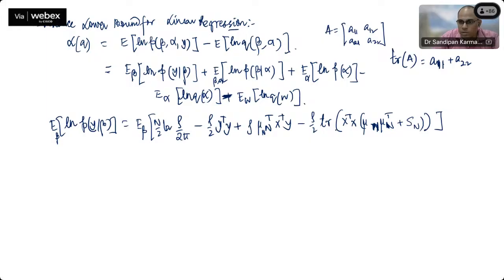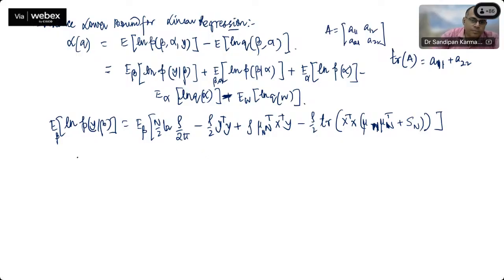So here also the trace of x transpose x multiplied by mu n transpose Sn will be a single scalar value, so that's why all the things are coming in this way.